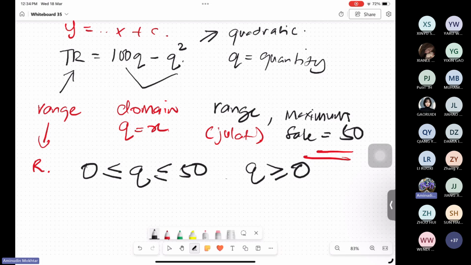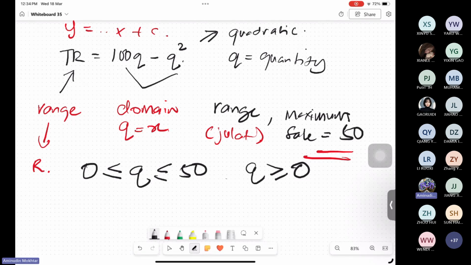So how to find range? We already have domain here, but now we need to identify the range, the value of Y. For this equation, the value of Y is replaced by the TR.